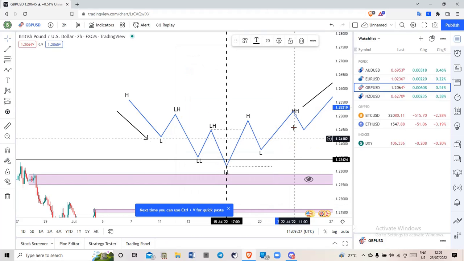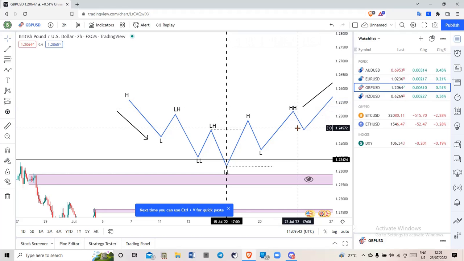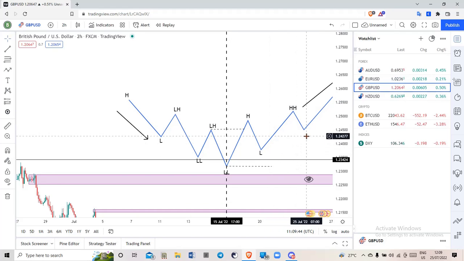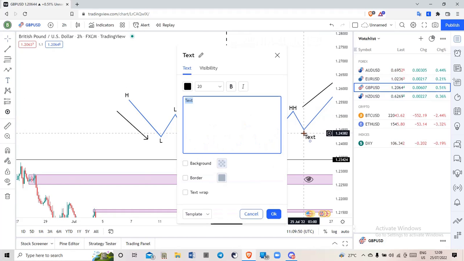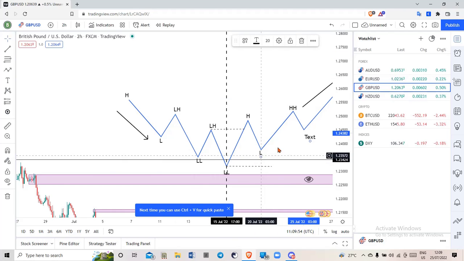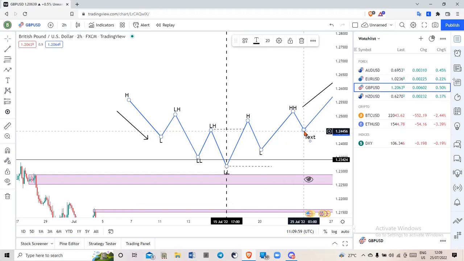So this is a higher high. And since we have this low higher than this low, referencing this to this, we could possibly call it a higher low.